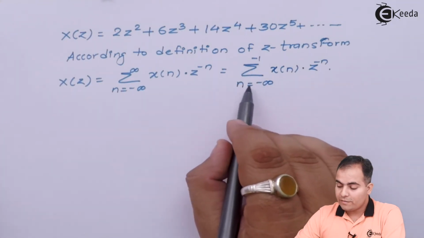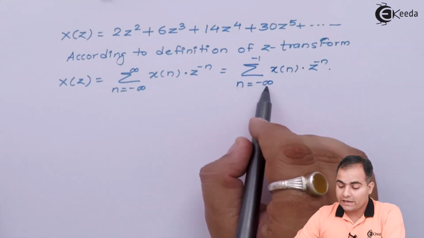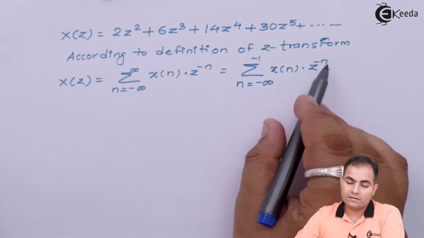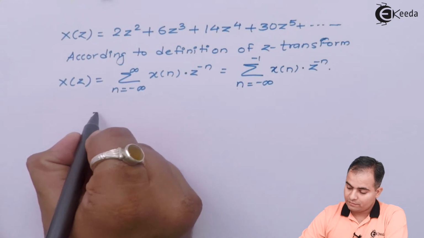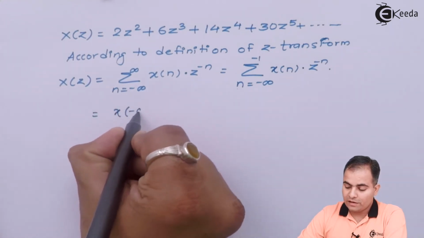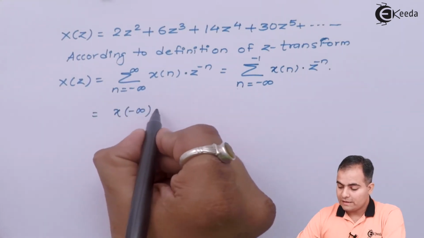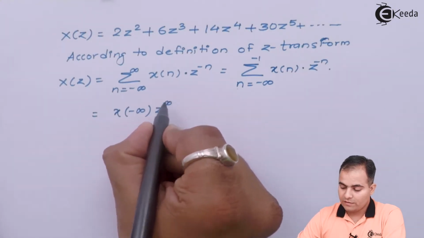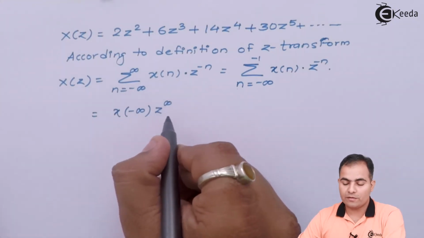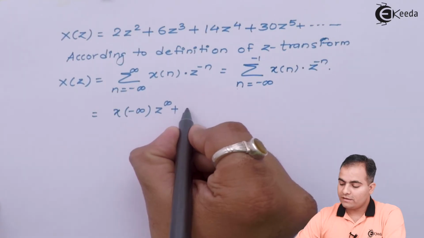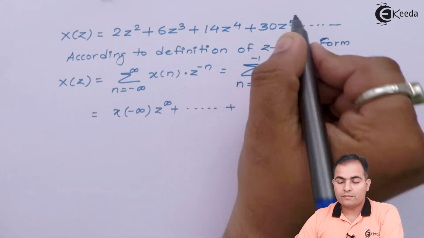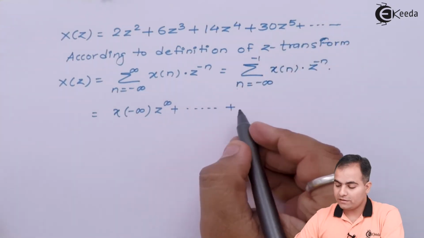But look at here, if my n value is negative, then automatically the power of z is positive. So I am substituting the leftmost value of n, which is minus infinity, so automatically the z power becomes positive, and then I'll start from z to the power, or n equals to minus 5.